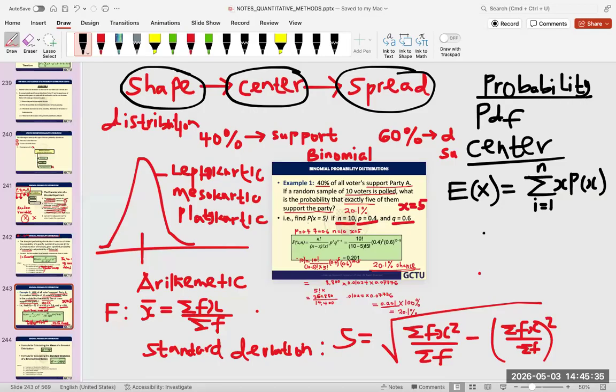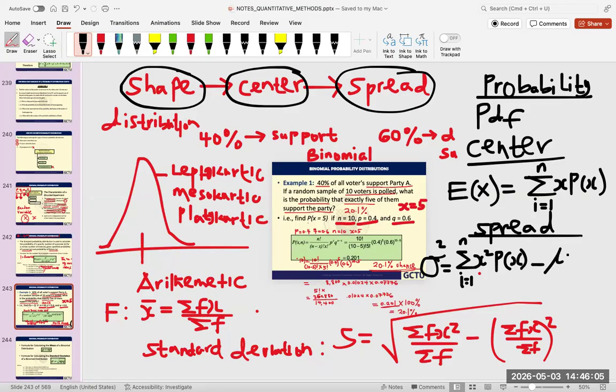Then after that, we found the spread when we were finding the variance. Sigma squared is equal to the summation over i, from the first item to n, the last item, of x squared times its corresponding probability, minus mu squared.